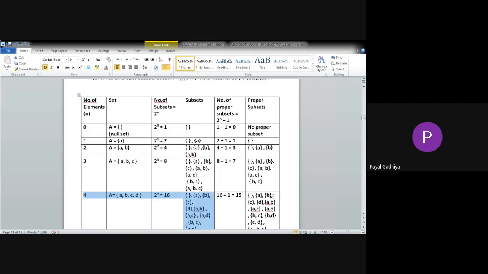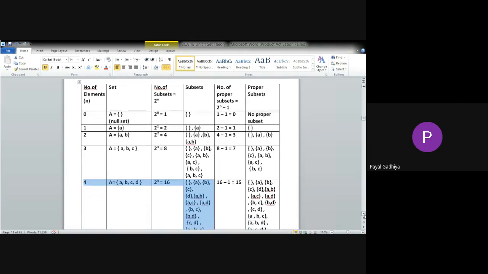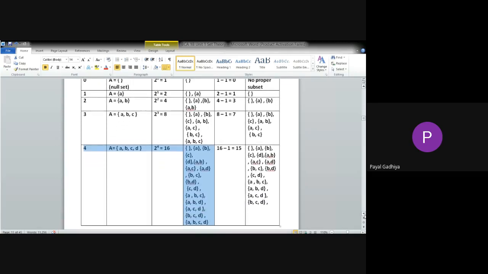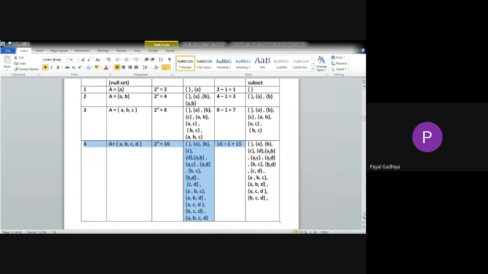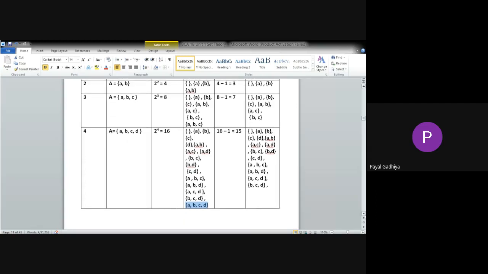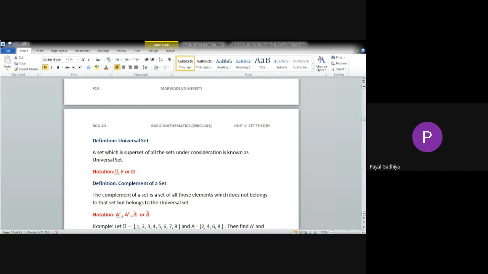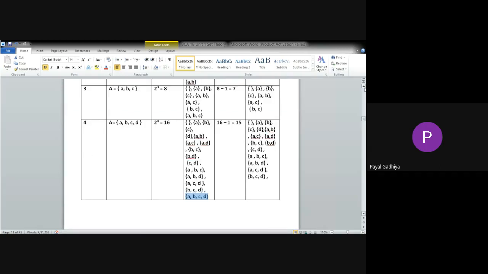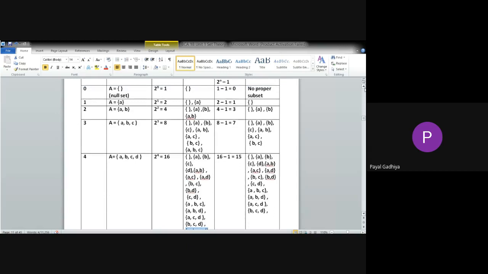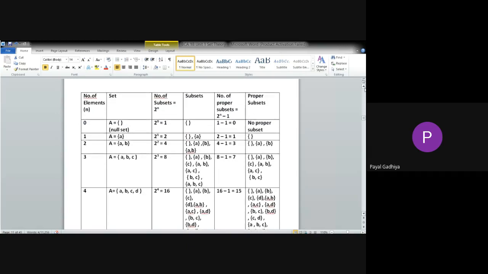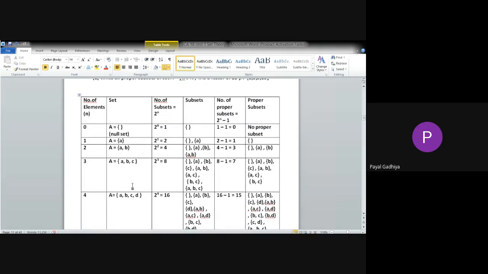These are the list of subsets. Then 16 minus 1 will be 15, so there will be 15 proper subsets. We have to delete this one subset, the main set. So this was the general information in one table. Clear with this table? There's nothing new in this table.